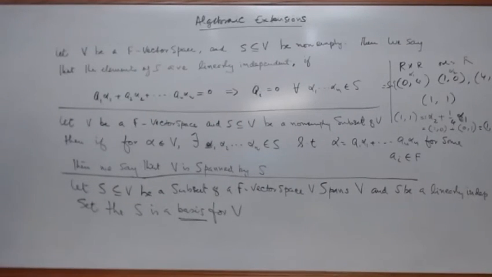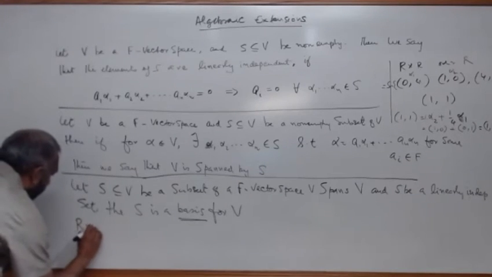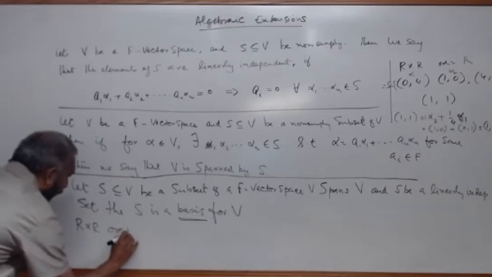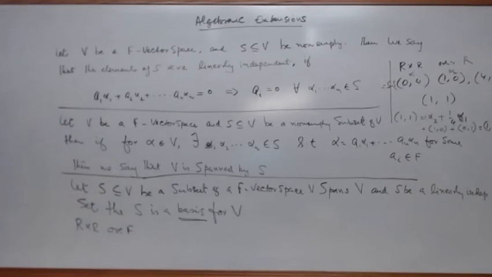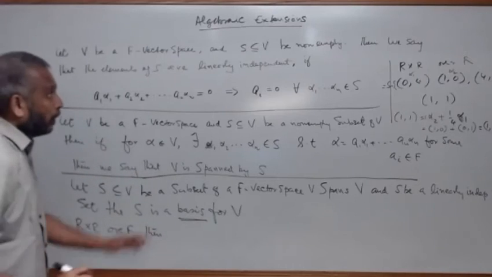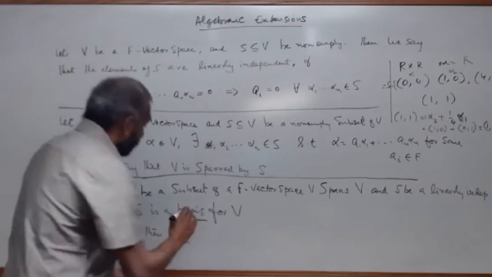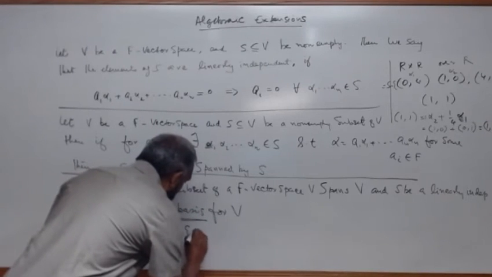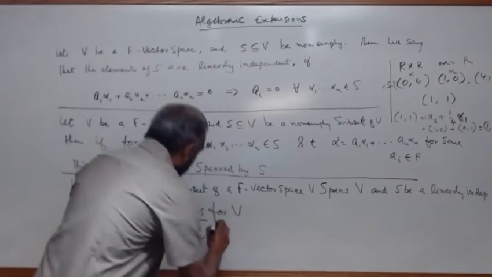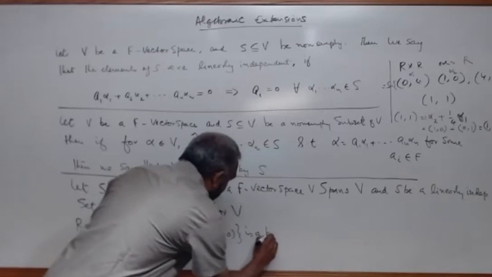So what I'm saying here is, if you take R cross R over F, then the set that contains (0, 4) and (1, 0) is a basis.